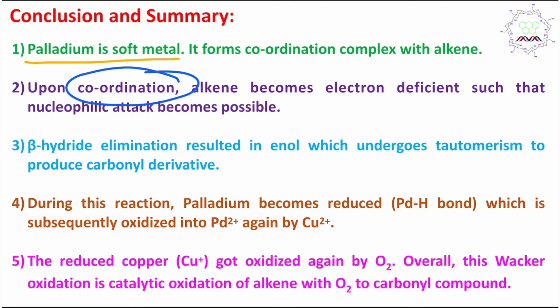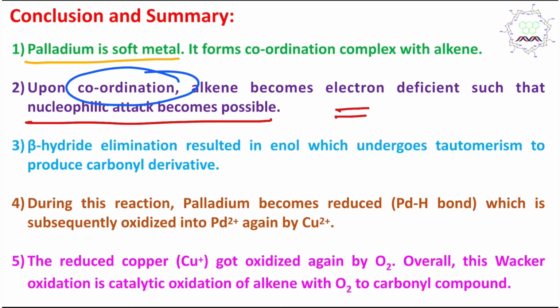That's why nucleophilic attack on the alkene becomes possible. Why? What is the fact, student? The alkene is electron rich because of the pi bond electron cloud, and nucleophilic attack on an electron cloud in a simple alkene is not possible. But because of this electron donation, there is a deficiency of electrons, that's why nucleophilic attack on the alkene is possible.